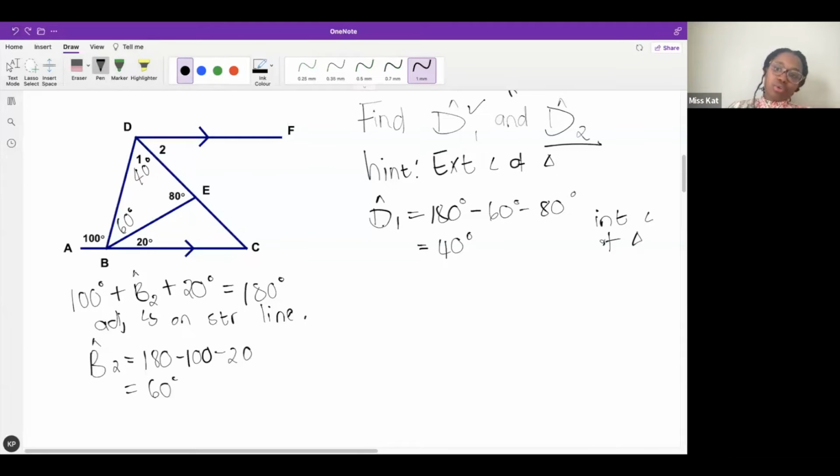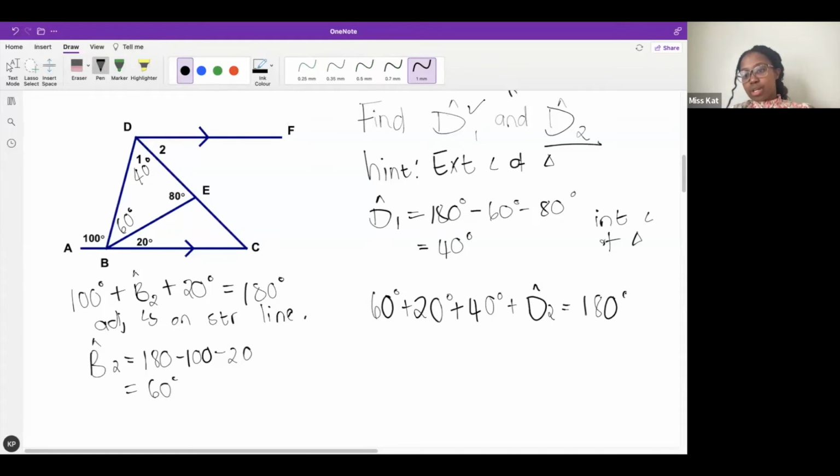Co-interior angles. Brilliant, brilliant. So then that's 60 plus the 20 plus the 40 plus D2 are equal to 180 degrees. And my reason is they are co-interior angles. Is that my whole reason?